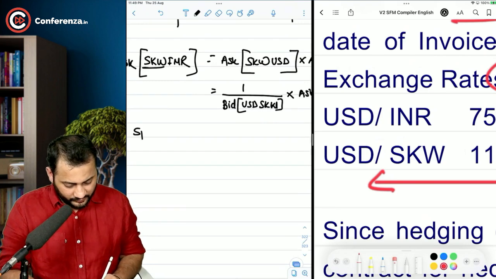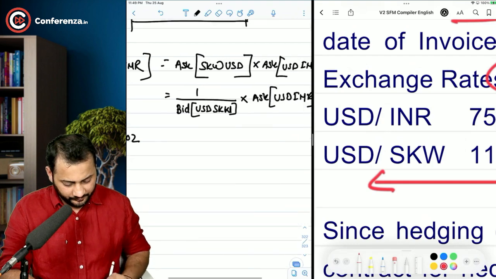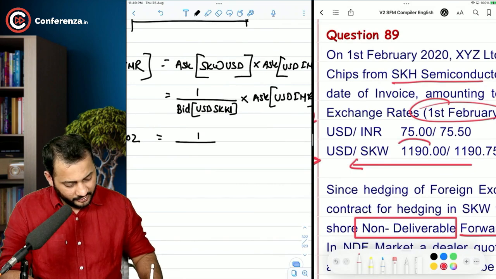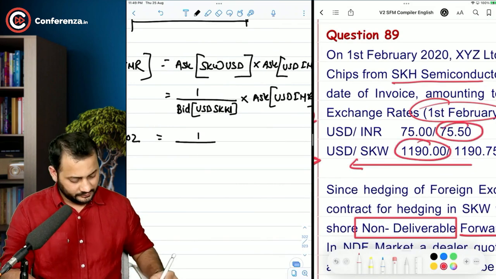Okay, now we will calculate the cross rate first for spot of 1st February. Okay, 1 divided by bid. See, bid of this and ask of this.